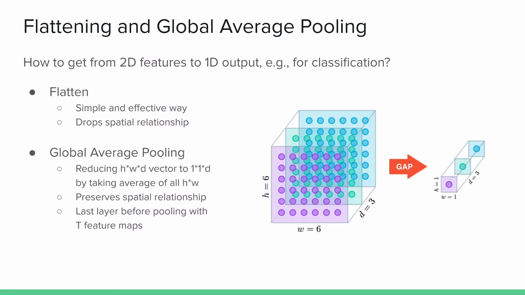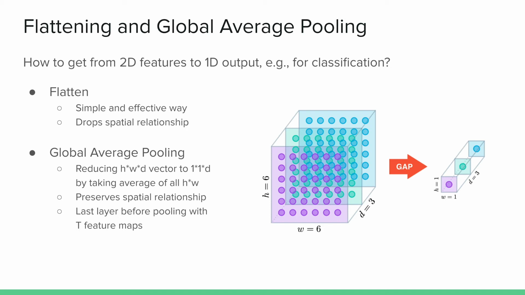But there's also a different idea of not flattening that, but actually doing something called global average pooling. What it does is it takes, per feature map, the entire input and reduces it to a 1x1 output.